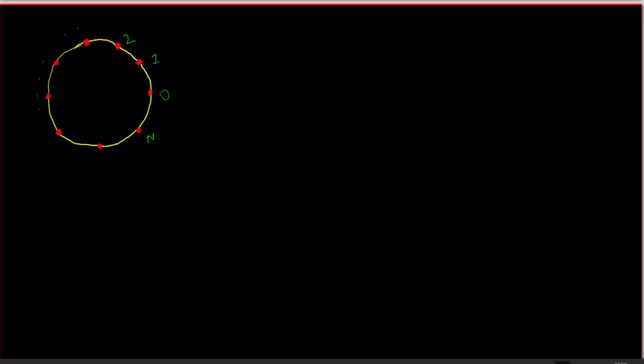This is our n minus 1th node. So this is our circle graph with n nodes, and any two consecutive nodes are linked by an edge. So these are n points at equidistant positions on a circle. This defines a circle graph.